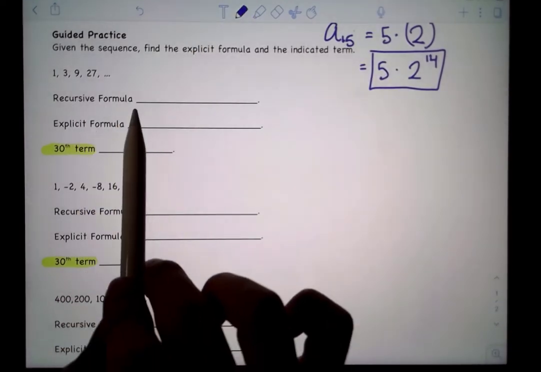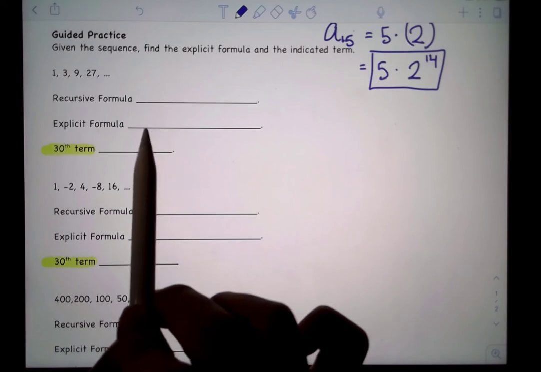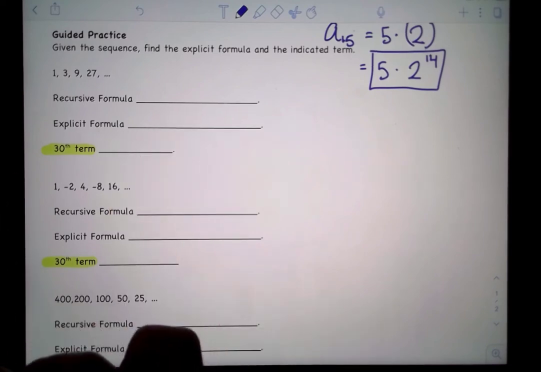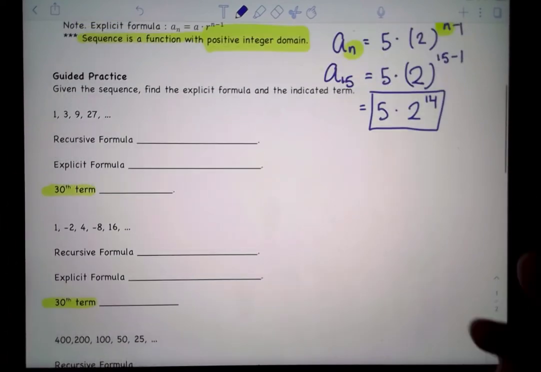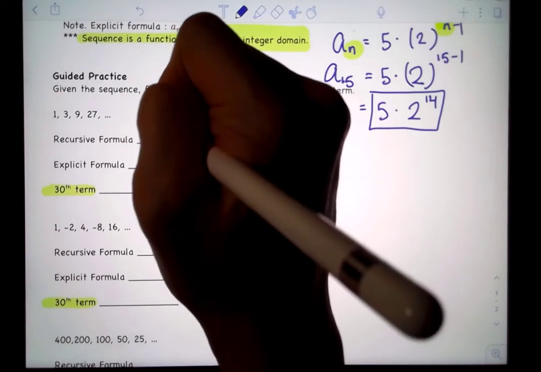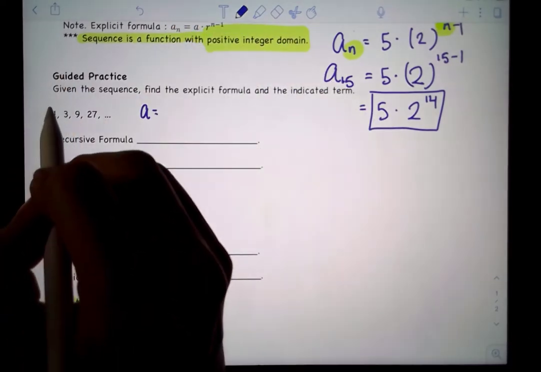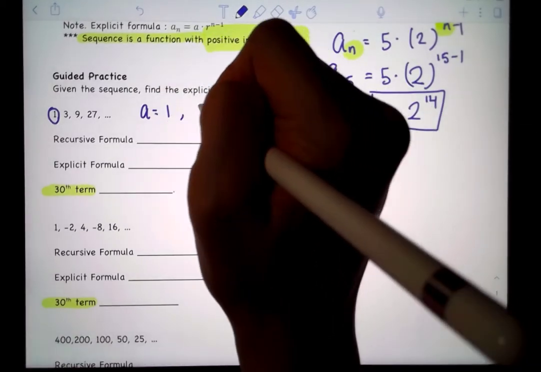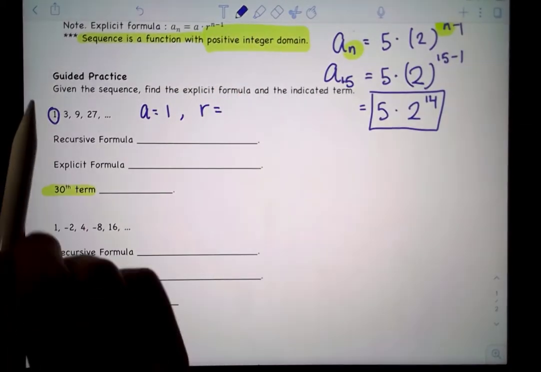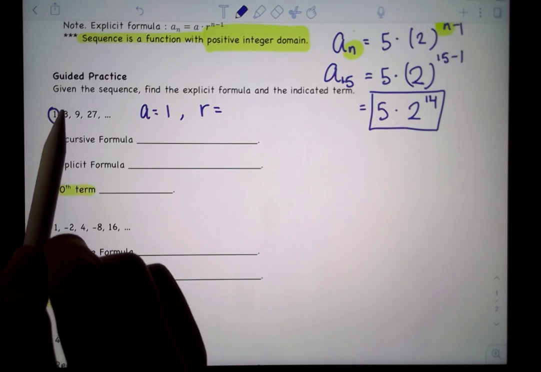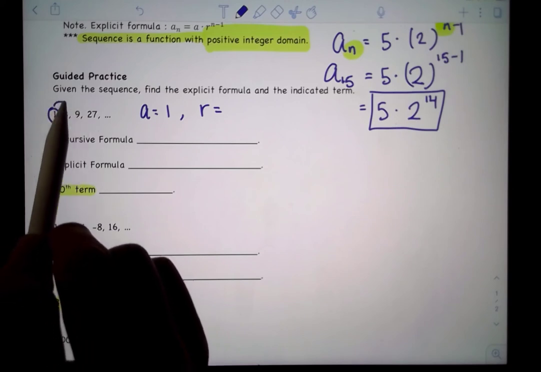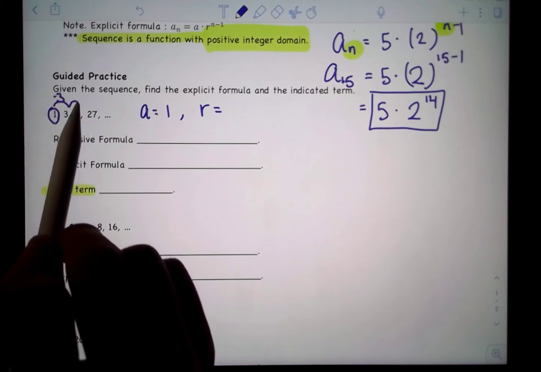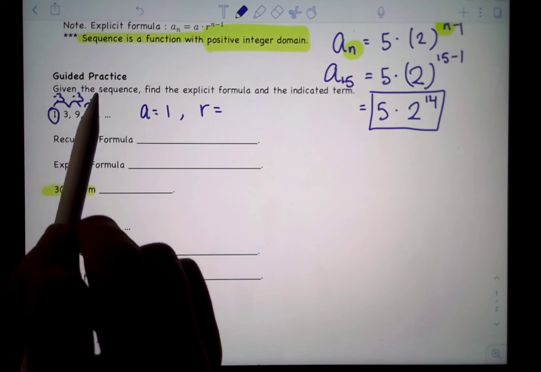So for the recursive formula and explicit formula, before we do it, we need to identify A and the common ratio R, right? My A, which is my first term, is 1, right? My A is 1, and my R, common ratio: 1 to 3, 3 to 9, 9 to 27, so that's times 3, times 3, times 3, right?